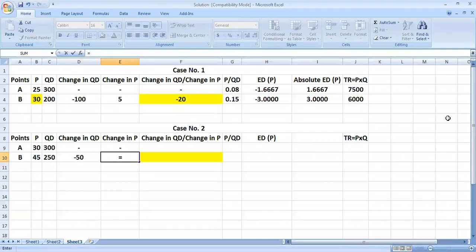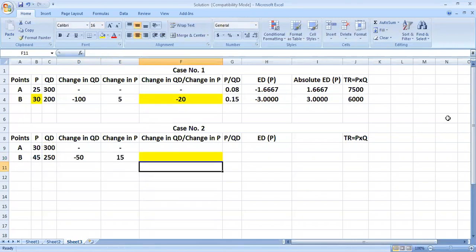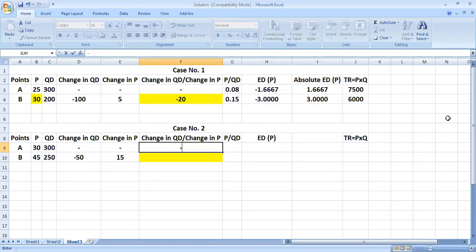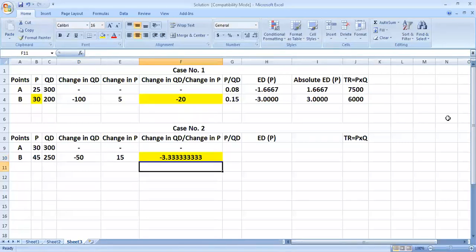To find out change in price, we have to subtract price at point A from price at point B. The answer is 15. Change in quantity demanded, which is minus 50, divided by change in price, which is 15. The answer is minus 3.3333. We reduce it up to 4 decimals.